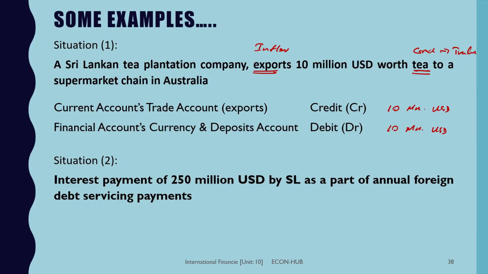Where do we record it? What is this all about? Is this an inflow, outflow? Inflow or outflow? Outflow, very good. Yes or no? We are paying, so outflow, yes. So it's an outflow, that's clear. So outflow means debit.